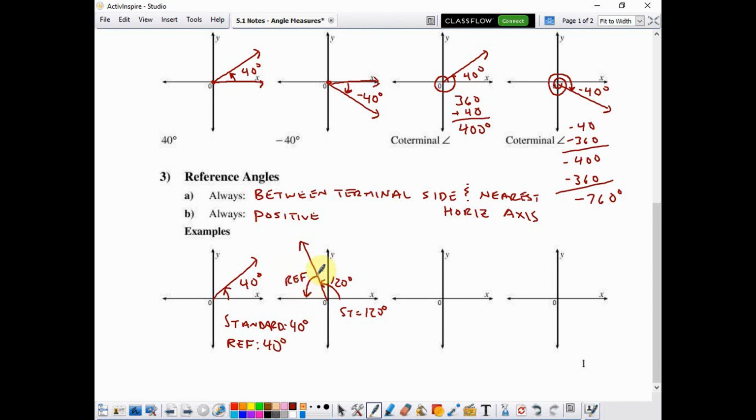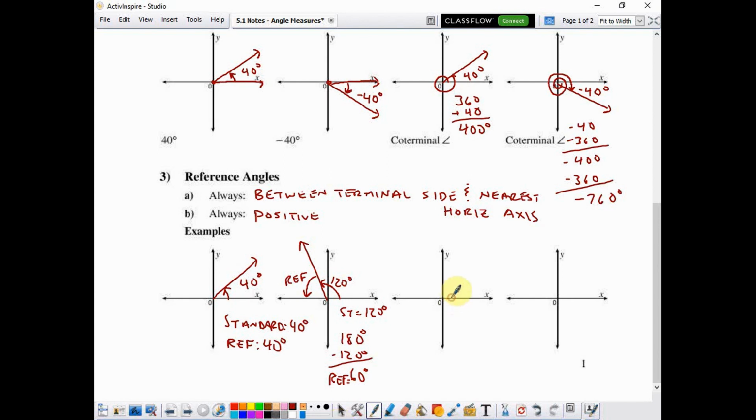The number of degrees from the terminal side to the nearest horizontal axis. To find that, had we gone all the way, we would have been at 180 degrees, and I need to subtract that 120. 180 degrees minus 120 degrees is 60 degrees. That is the reference angle, 60 degrees.